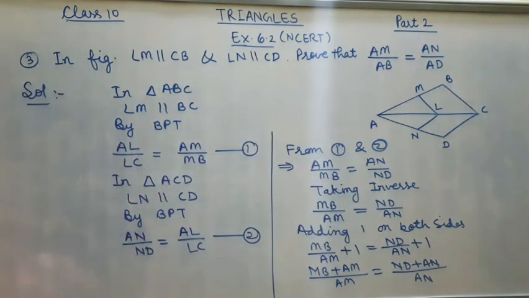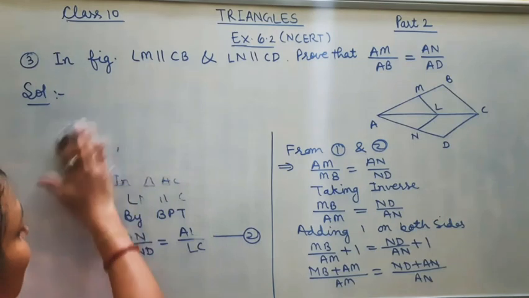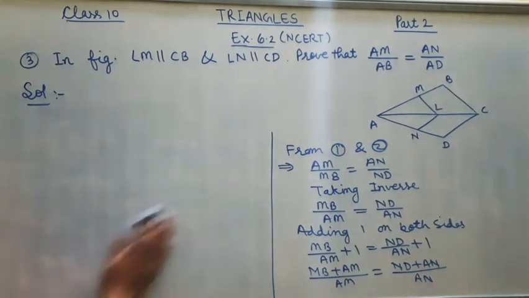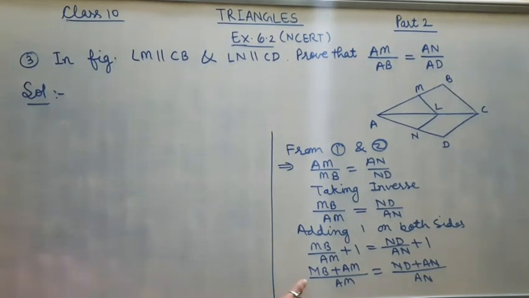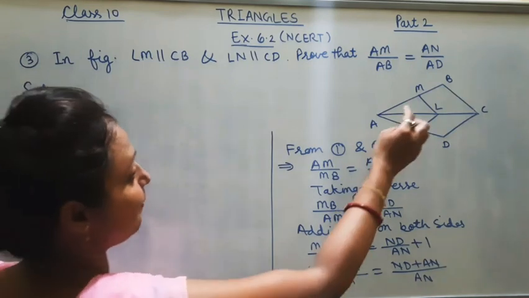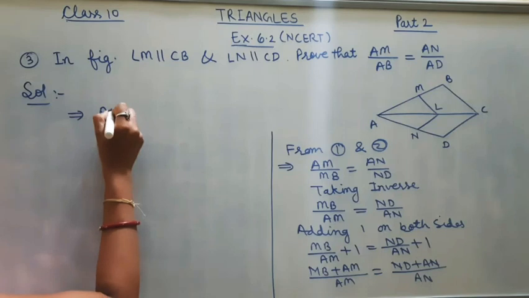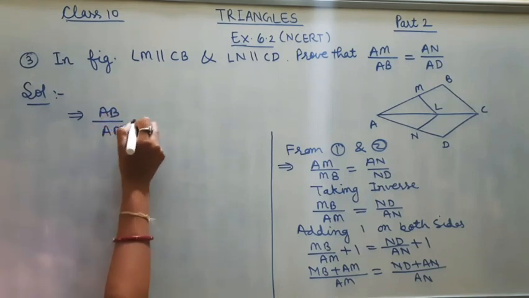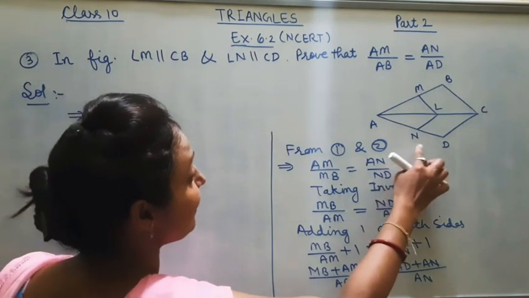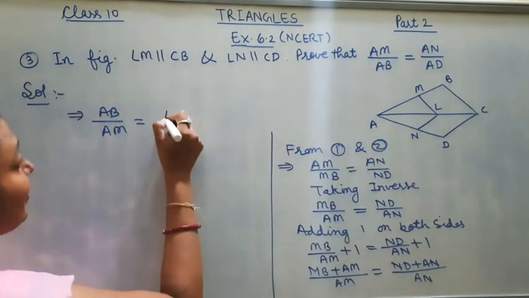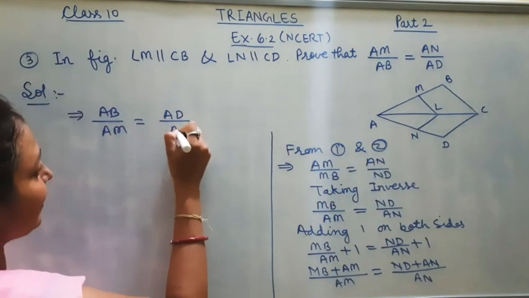That's why I will rub from this side. The next step is by taking BM plus AM. BM plus AM becomes AB. AB upon AM is equal to ND plus AN, which becomes AD upon AN.